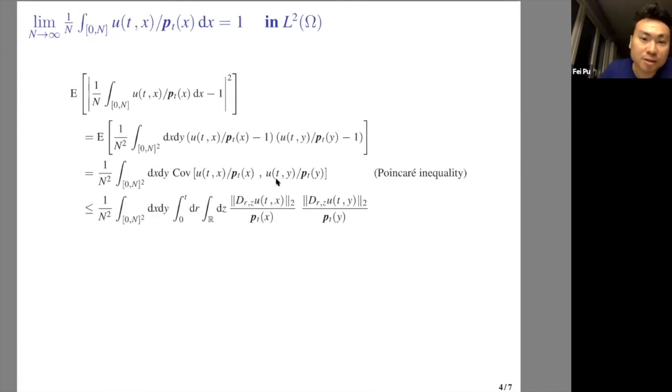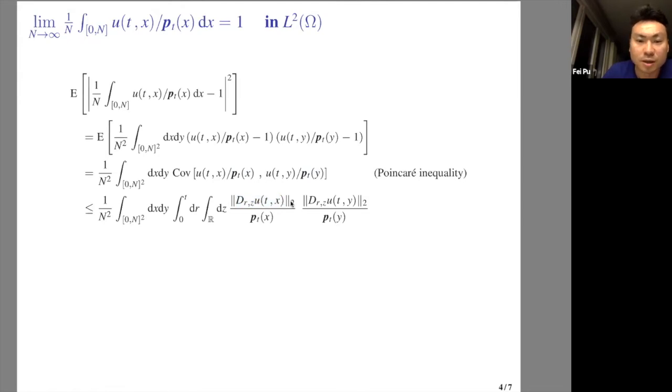By Poincare inequality, the covariance between these two variables is bounded above by the integral in time, the integral in space, and in the integrand, we have the Malliavin derivative of these two variables. Since these two heat kernels are deterministic, in the integrand we only have the Malliavin derivative of the solution.